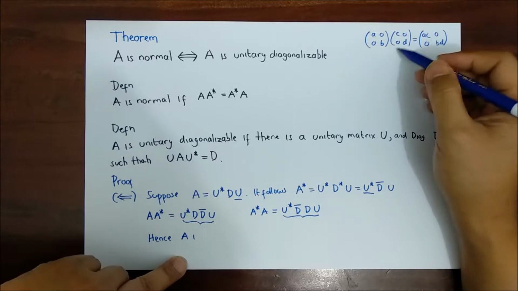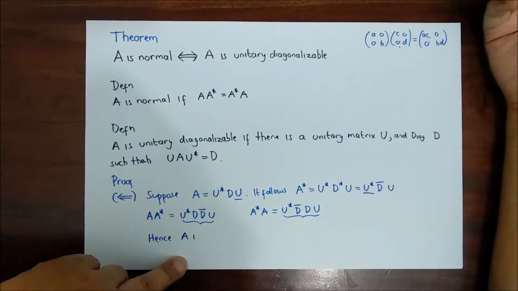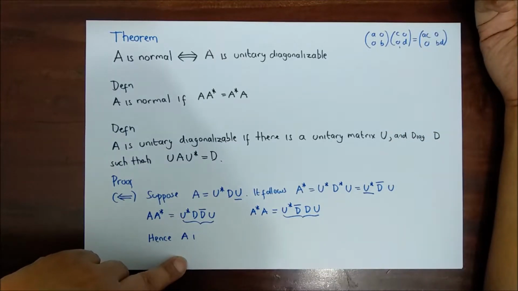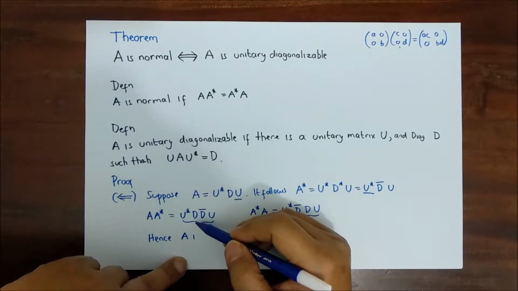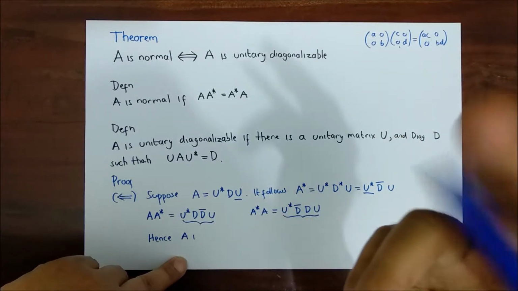The correct word that I'm looking for is that diagonal matrices are commutative.